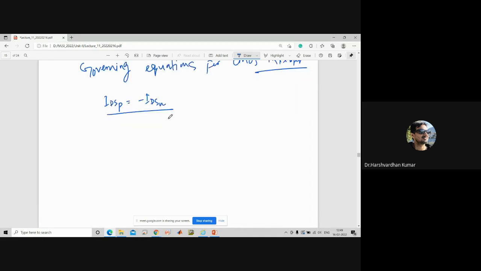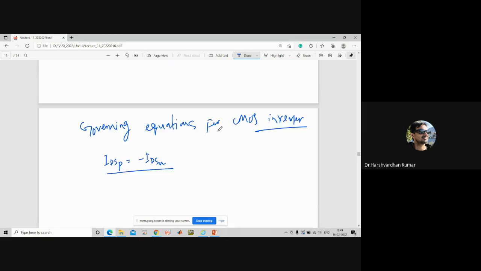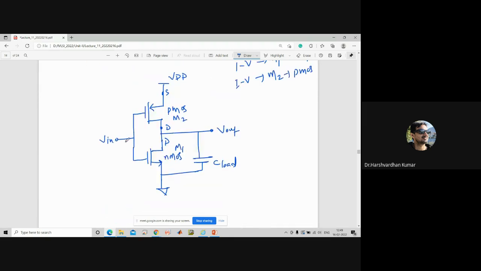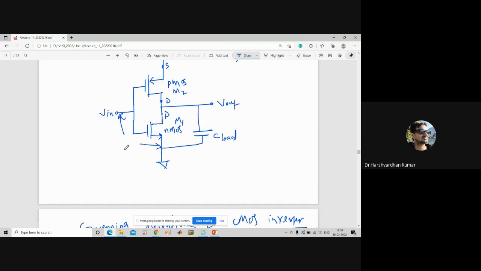Now, if you see the circuit here, what will be the voltage for this? What will be the representation here? For the NMOS transistor, what is the magnitude of the gate to source voltage?